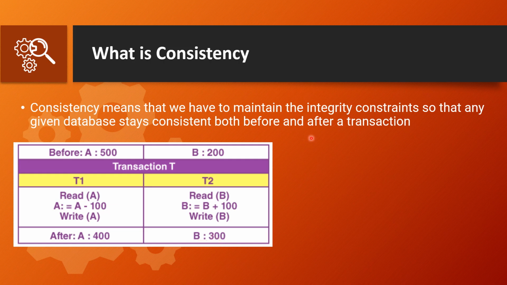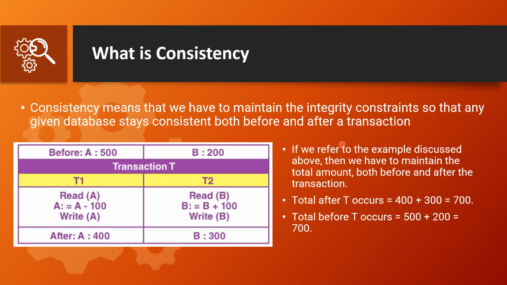What does the integrity constraint tell us? It tells us the sum of the balances of these two would be the same if the transaction is consistent. Referring to the example discussed above, we have to maintain the total amount before and after the transaction.